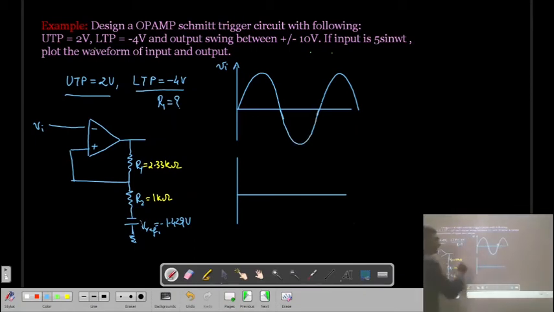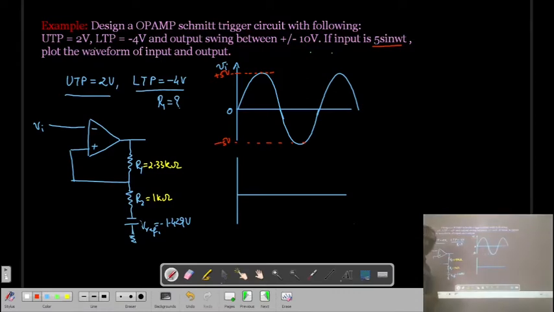And here if you see, where are the LTP and UTP? UTP is at 2 volt. Now here my amplitude of the signal is 5 volt, remember. So this one is plus 5 volt and this one is minus 5 volt.